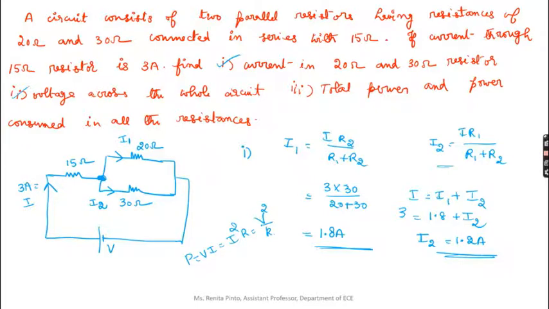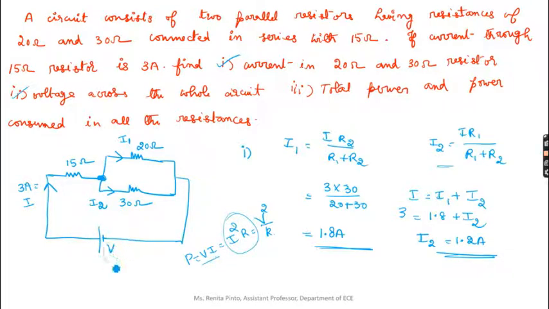Now which equation should I use here? In order to find out the power in each of the resistors, which equation should I use? Now if I see here, I square R. Exactly, so I square R. So let me tell you why I can't use this equation. Why?